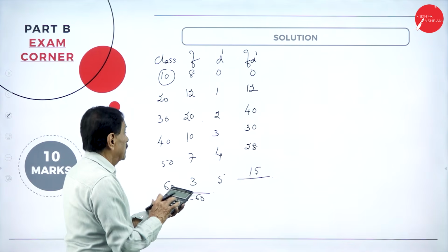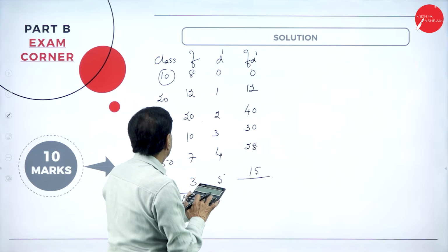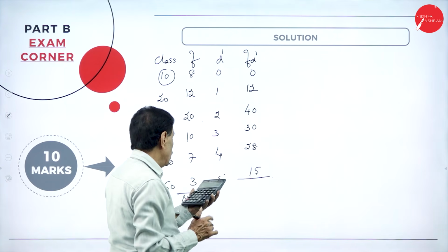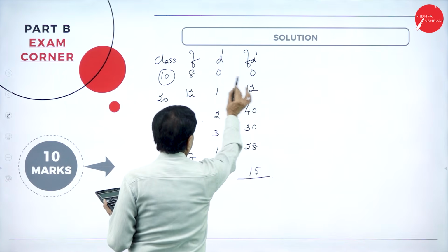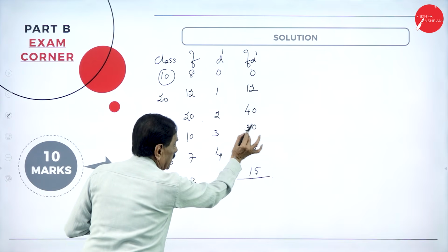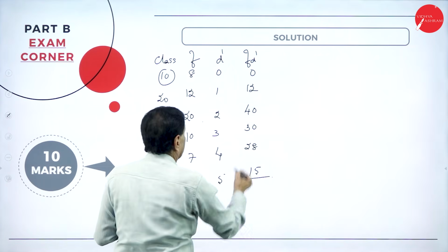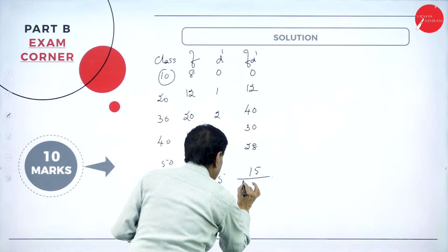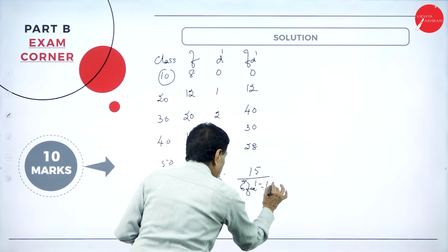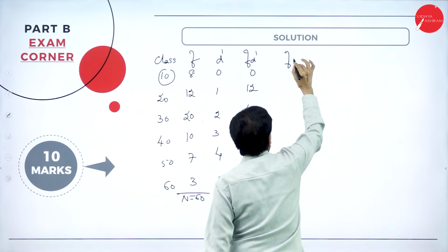Add the figures: 12 plus 40 plus 30 plus 28 plus 15 is 125. So sigma f t dash is 125.